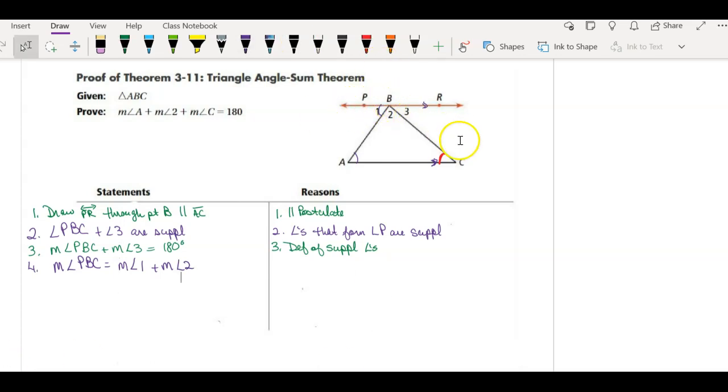PBC is right here, and it's made up of angles 1 and 2. And what's my reason for that? The angle addition postulate.